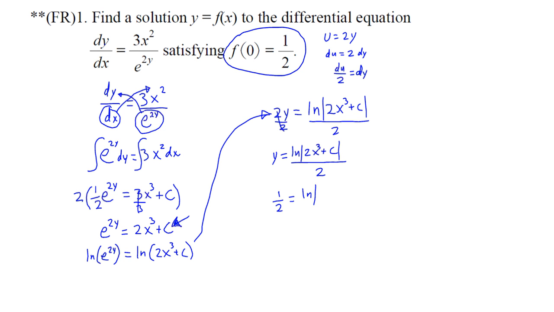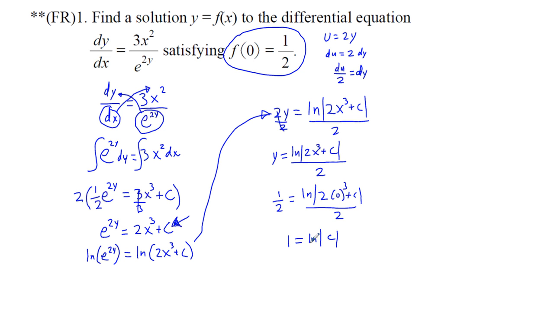So we're going to have 2 times 0 cubed plus c over 2. Multiplying by 2, we get 1 is equal to the natural logarithm of the absolute value of c.